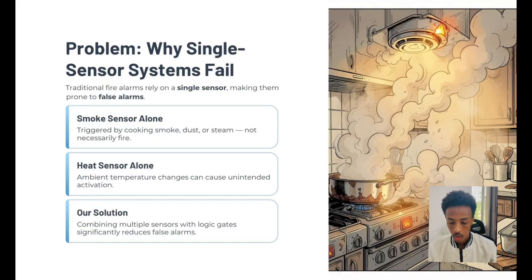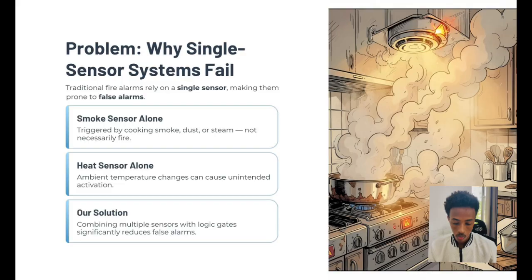So these are our examples. Number 1 is the smoke sensor alarm, number 2 is the heat sensor alarm, and number 3 is where we put our solution. Number 1, the smoke sensor may detect cooking smoke, or steam from hot water or oil. So the smoke sensor does not always mean there is a real fire.